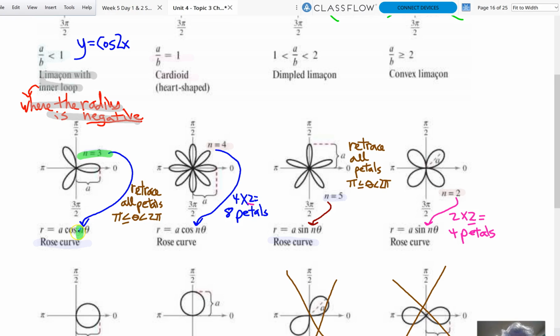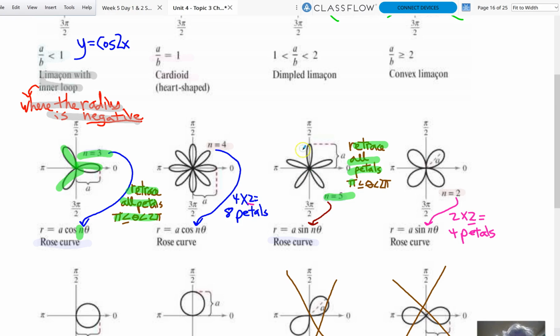If that number is 3, you're going to get 3 petals. 1, 2, 3. They're going to be traced over twice. Now that's not the same when the number in front of theta is even. N equals 3, 3 petals traced over twice. N equals 5, 5 petals traced over twice.